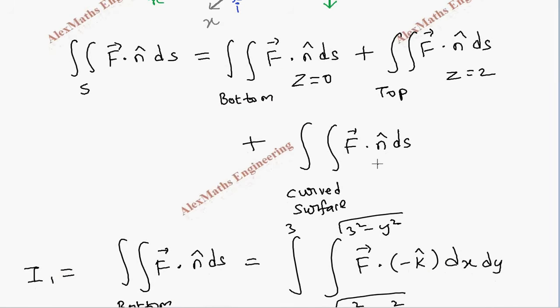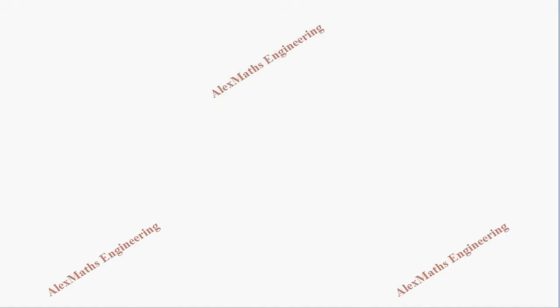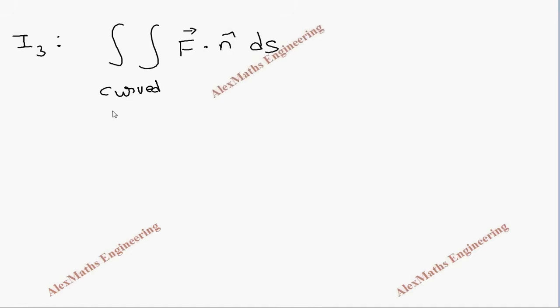So here, let's write it down. I3 is the double integral of f vector dot n cap ds over the curved surface.